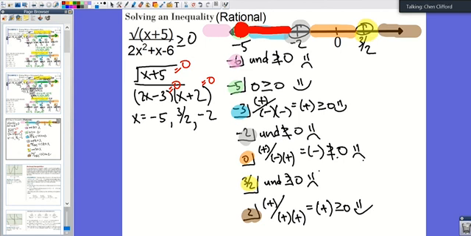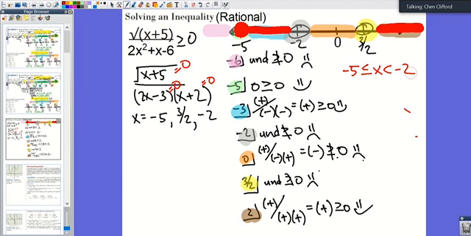What else is a smile? 2 is a smile, so I'm going to shade there. Okay. So our final answer is going to look something like this. Okay. -5. Boom. -2.